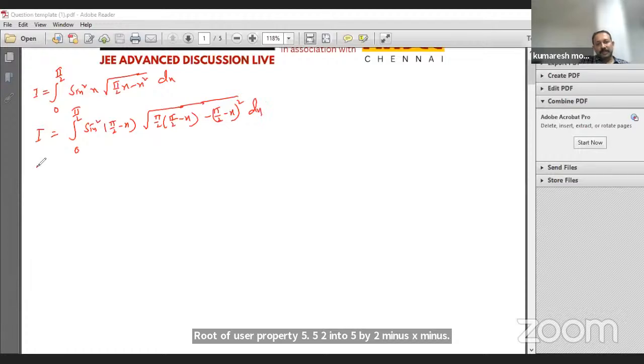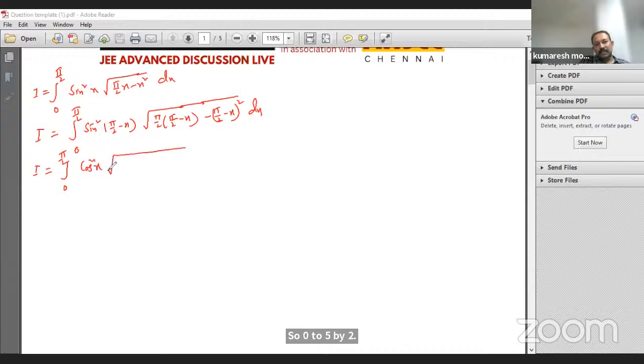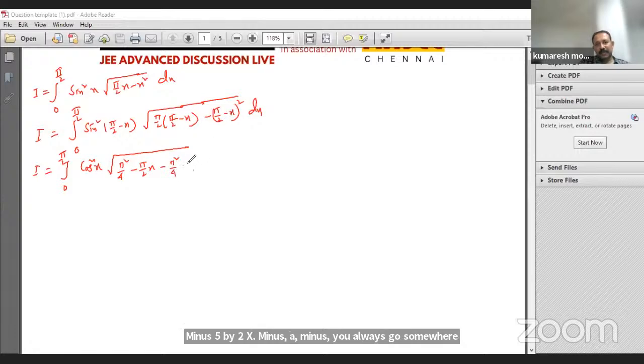Using this property, we know that sine of (pi by 2 minus x) is cos x, so this becomes cos square x. If you open the bracket, using the (a minus b) whole square formula, we get pi square by 4 here, x square, minus x square, plus 2ab, so 2 into pi by 2 into x dx.